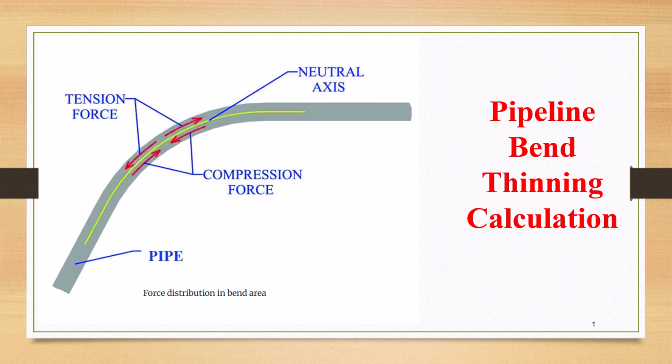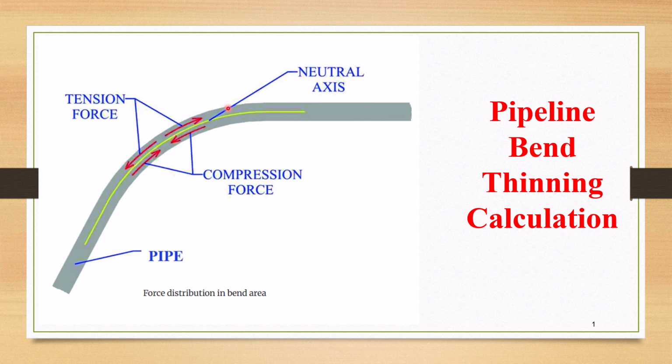Here in this image you can see a pipe, and whenever it is bent in a bending machine, two types of force act in the bend. One is known as tensile force or tension force, and the other is known as compression force.